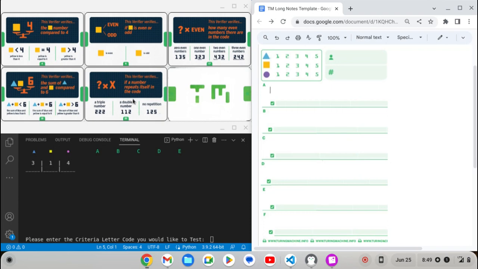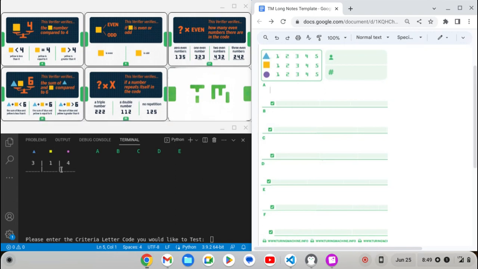Or among the 3 digits there could be a double number, a digit that's repeated, as in the example 112. Or finally, it could be a triple number, a single digit repeated 3 times, as in the example 222. Remember, our objective is to find the unique 3-digit code that abides by all the criteria cards we just discussed.